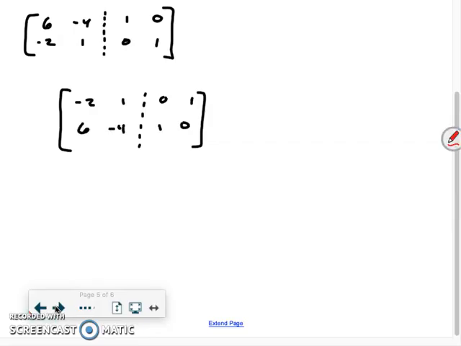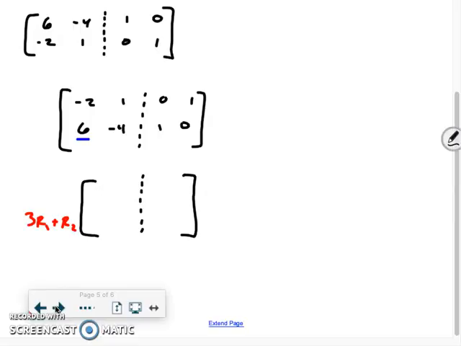So from here, after we've swapped these rows, let's say this without just going right out and saying it. If I were to take 3 times the first row plus the second row, so 3 times row 1 plus row 2. Essentially what we're doing is we're targeting 6.